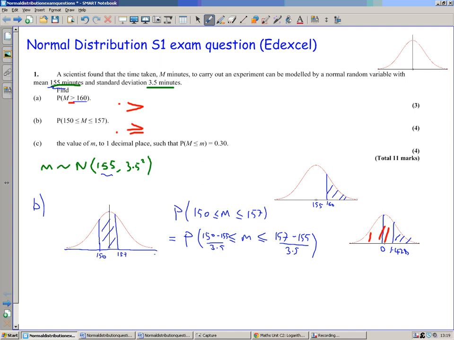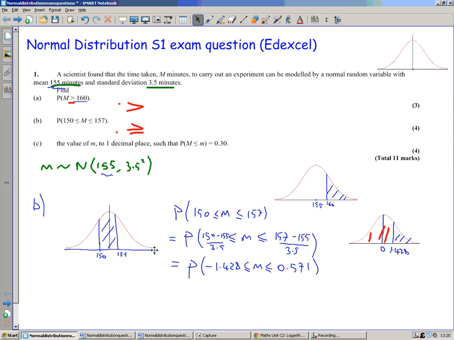Okay, so that equals, I've done that calculation. What do those equal to? Minus 1.428 and 0.571.